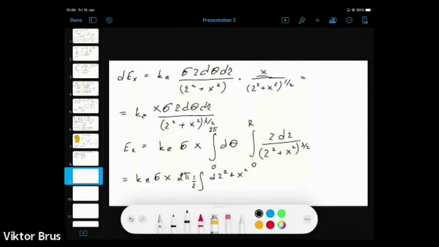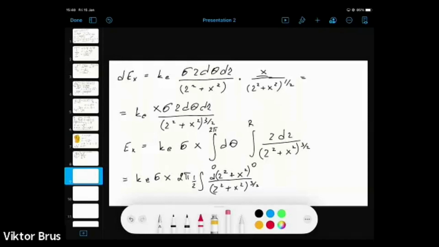It doesn't matter because the derivative of a constant is 0. We have r squared plus x squared to the power of 3/2 in the denominator. Sorry, no, we already don't have dr. It is d of this expression. In this case, it's a simple integral which is tabulated, like in a table of integrals, you can find it.